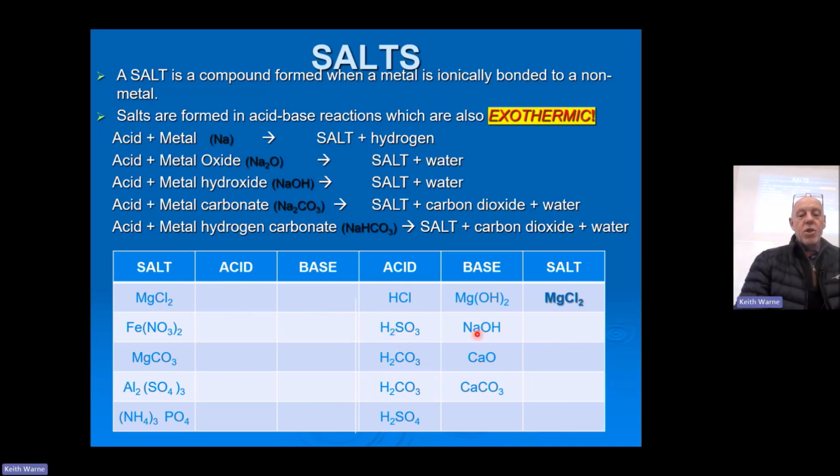Sulfuric acid with sodium hydroxide. NaSO3? What's the valency of SO3? 2 minus. So how many Na will you need? Na2SO3. Yep. Because what happens to the hydrogen? It goes to the water.